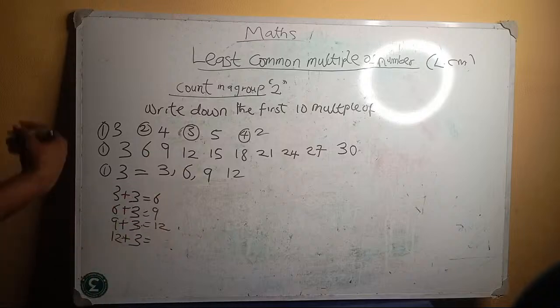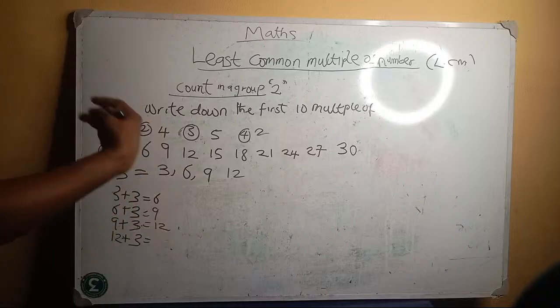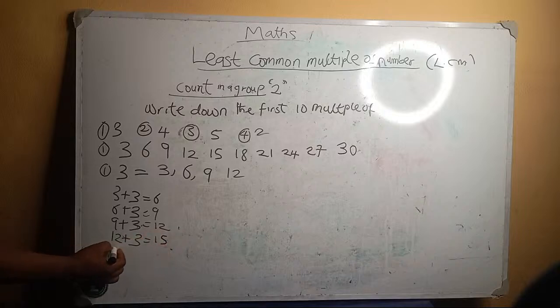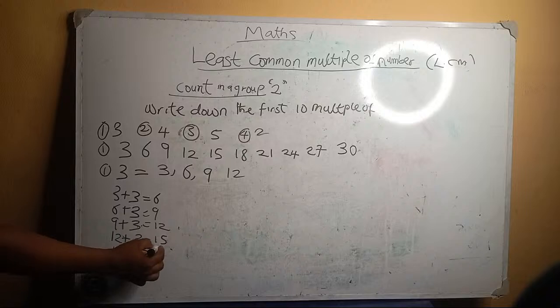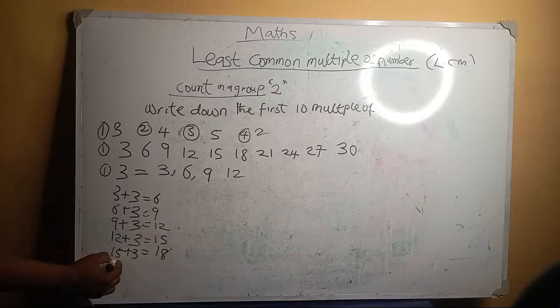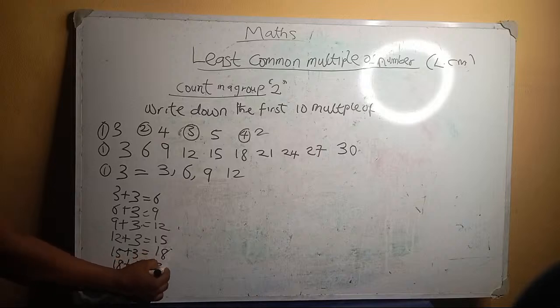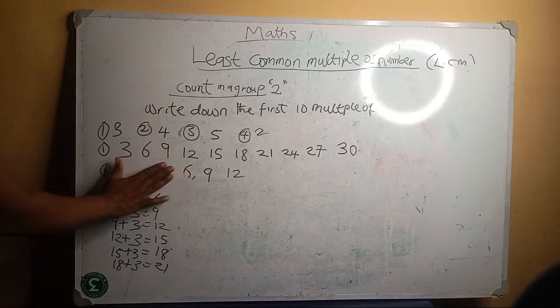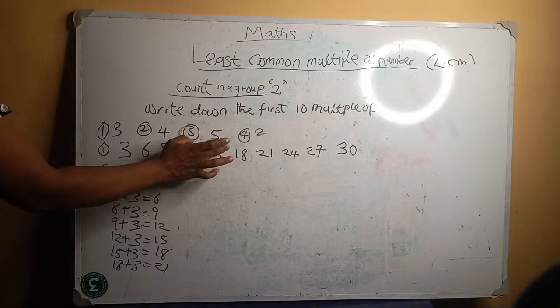You will just be adding 3 on top of the answer you have gotten. So this is 15. You say 15 plus 3 is equals to 18. 18 plus 3 is equals to 21. So that's how you will come across the numbers that we have written here.